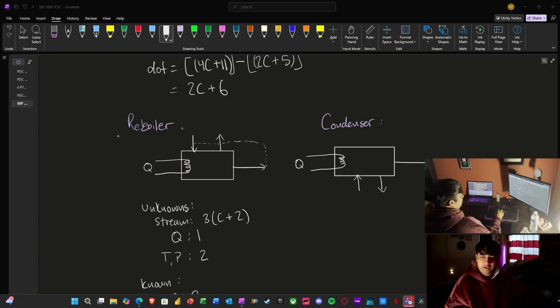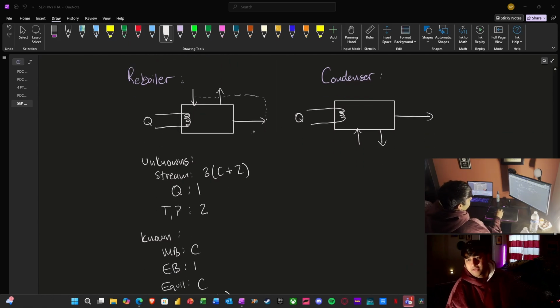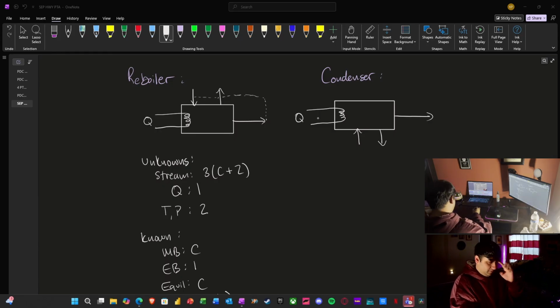And then for our condenser, the reason I have it placed right next to it is because it is pretty much the exact same thing, since when calculating degrees of freedom, the direction of the liquid or vapor doesn't really affect the degrees of freedom. So it is the exact same thing with 3 total streams, and we have our heat exchange.